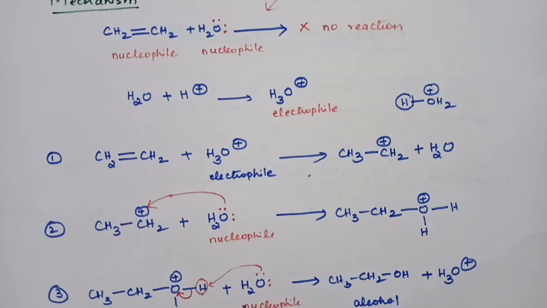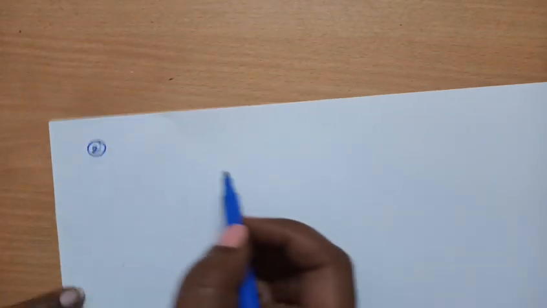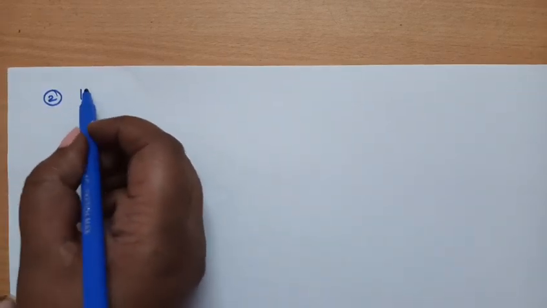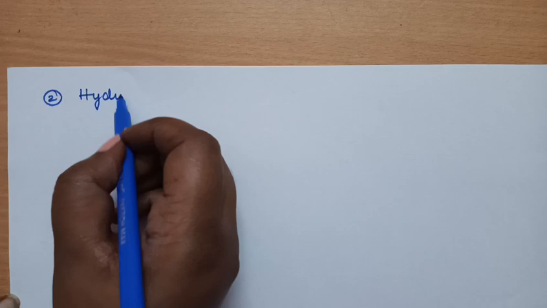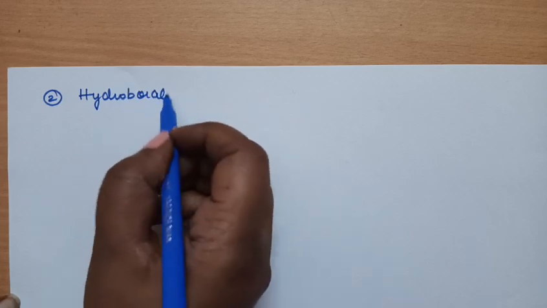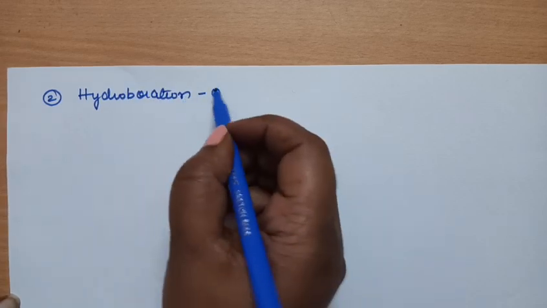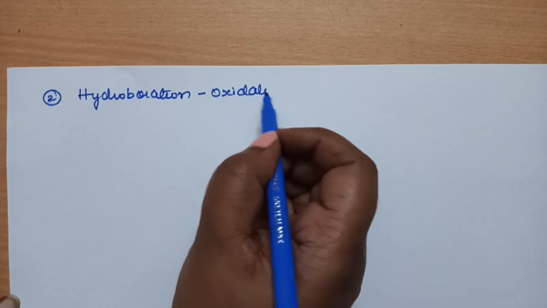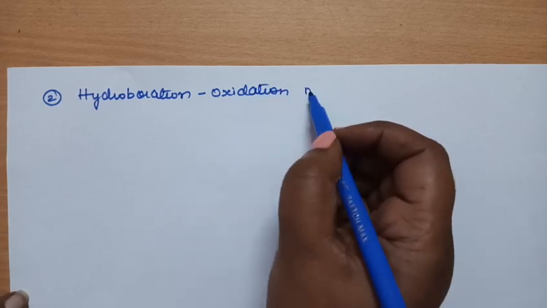So now let us study the second method of preparation of alcohol. This method is called as hydroboration oxidation method.